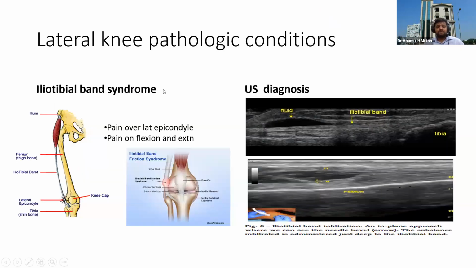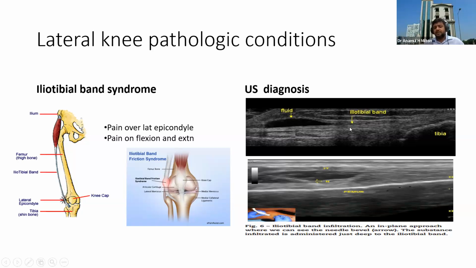Okay, so that is medial knee pathology. For lateral knee pathology, consider iliotibial band syndrome. This band comes from the upper side, from the hip. It is a very tough structure that inserts on the tibia.